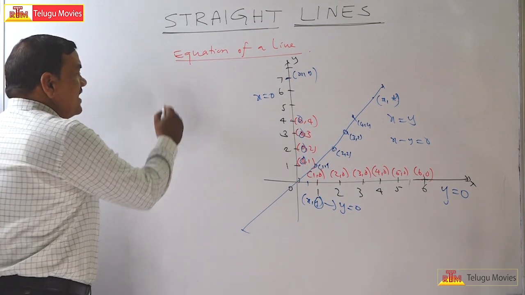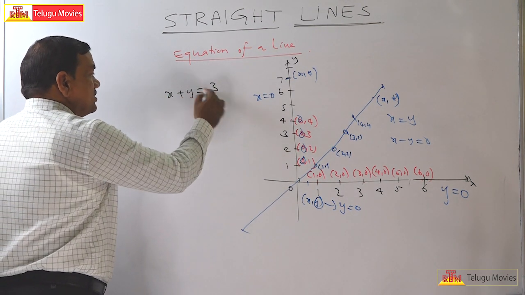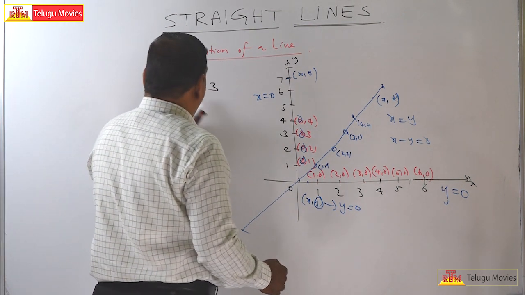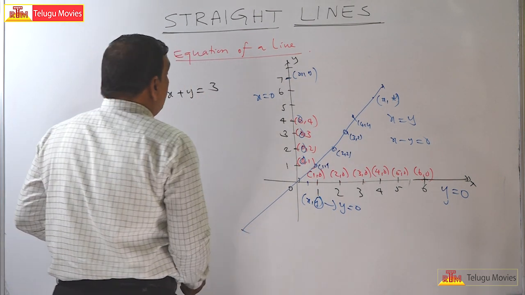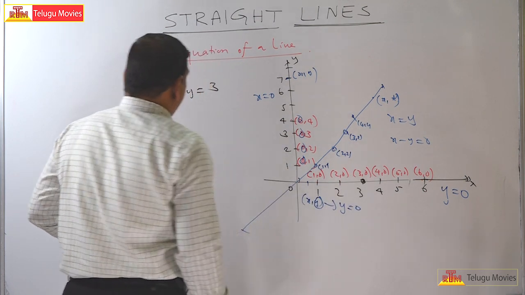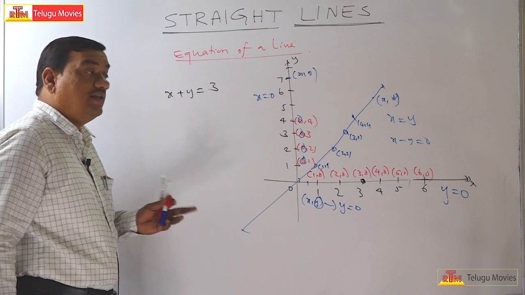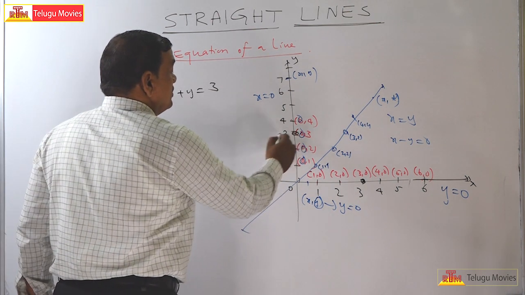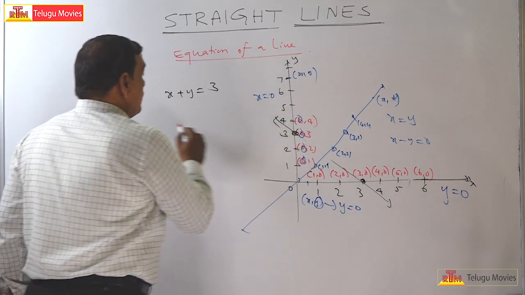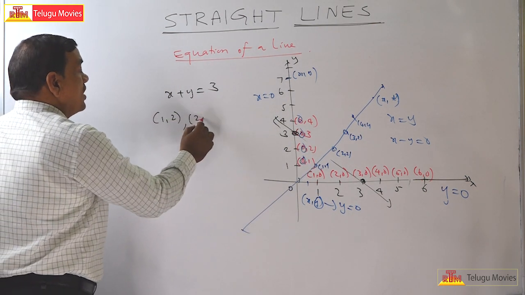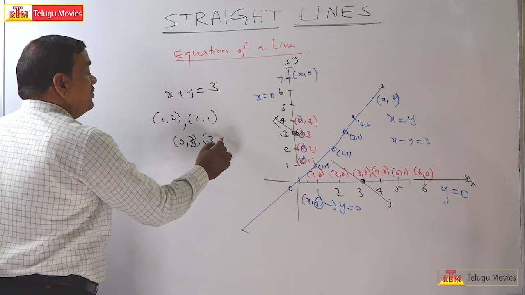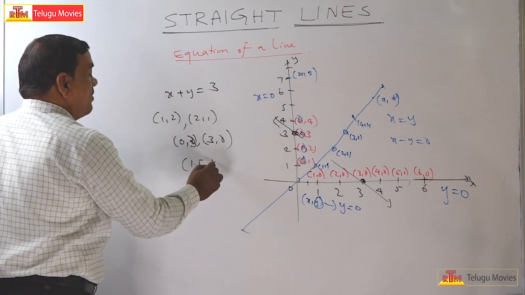For example, if I say x plus y is equal to 3, what are the points? It passes through 0 comma 3 and 3 comma 0. What are the other coordinates? This is 1 comma 2, 2 comma 1, and 1.5 comma 1.5.